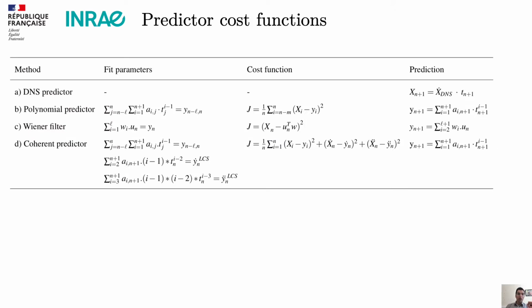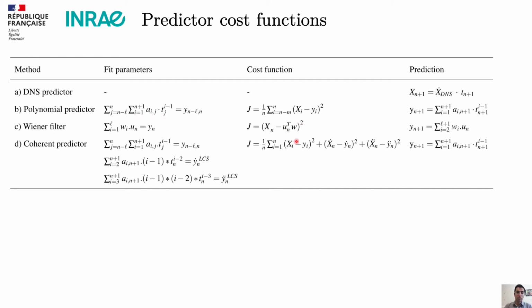In this study, we considered 4 predictor functions. DNS predictor: you don't have to minimize anything. You just use the velocity of DNS multiplied by the time of your synthetic time step, which is not the DNS time step. Then you get the final position. Polynomial predictor: you minimize least mean square, and then you predict.